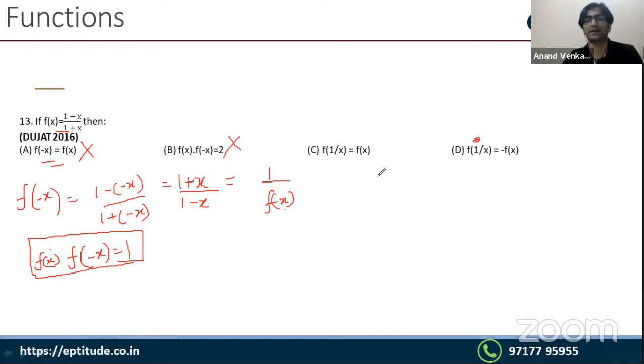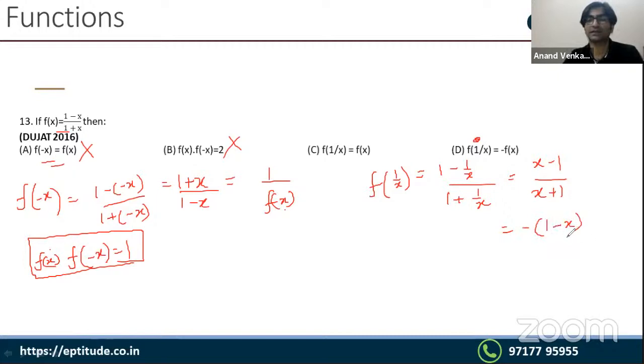तो यहाँ पे आप 1 by x ट्राई करते हैं. Let's try f of 1 by x. What will f of 1 by x be? (1 minus 1 by x) divided by (1 plus 1 by x). क्या बनेगा? (x minus 1) divided by (x plus 1). देखो थोड़ा सा सिंप्लीफाई खुद कर लेना, x और x डिनोमिनेटर पे कट जाएगा, so you'll end up getting this, which by the way is like, इसमें अगर मैं -1 कॉमन ले लूं तो it will become minus of (1 minus x) divided by (1 plus x), और ये (1 minus x) upon (1 plus x) क्या है? ये खुद ही f of x है, so f of 1 by x equal to minus of fx.